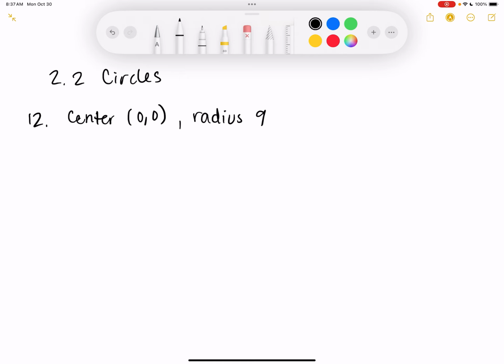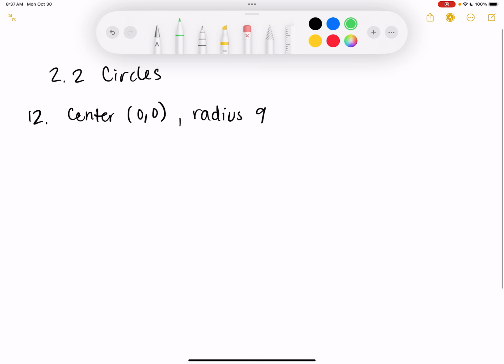Now, the general form of a circle is x minus h squared plus y minus k squared is equal to r squared, where h, k is the center and r is the radius.